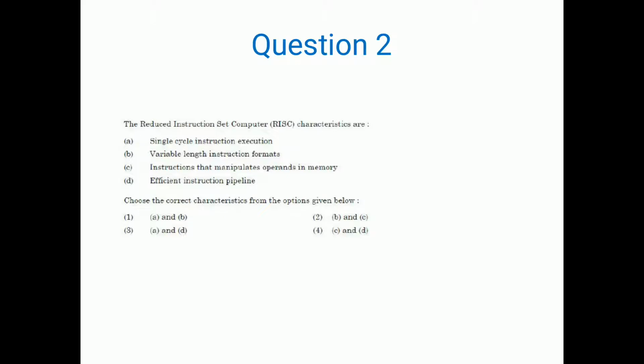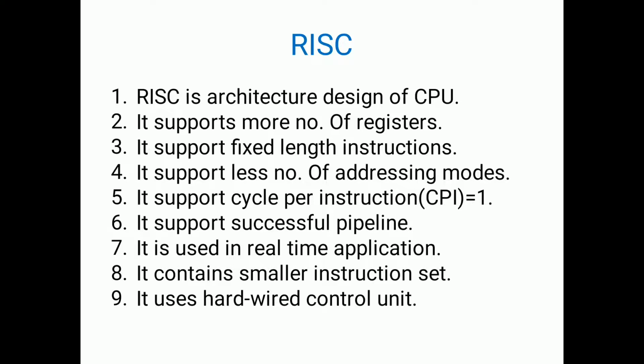The next question says the reduced instruction set computer, that is RISC, characteristics are, and four characteristics are given. We have to find which one is a RISC characteristic. So firstly we should know the characteristics of a RISC computer. The first is that RISC is an architecture design of the CPU.